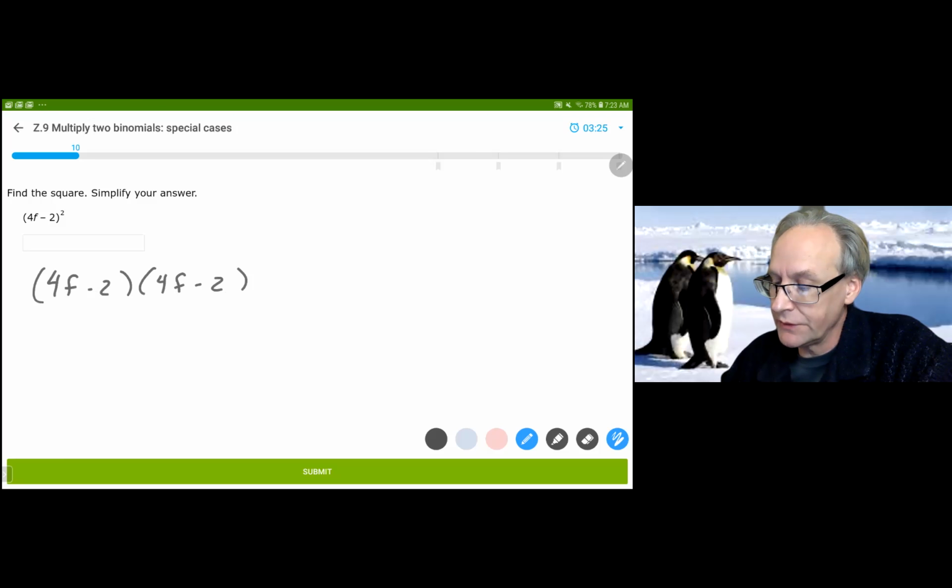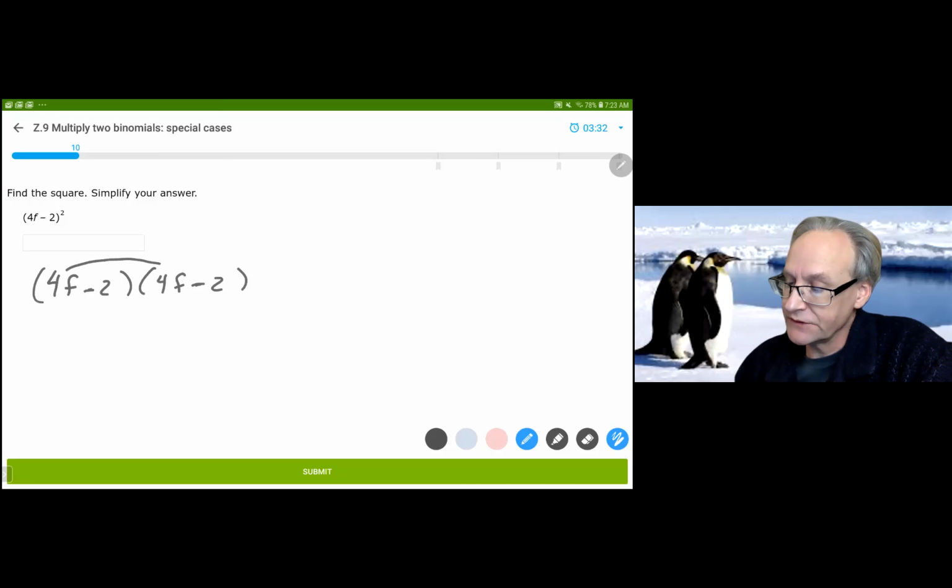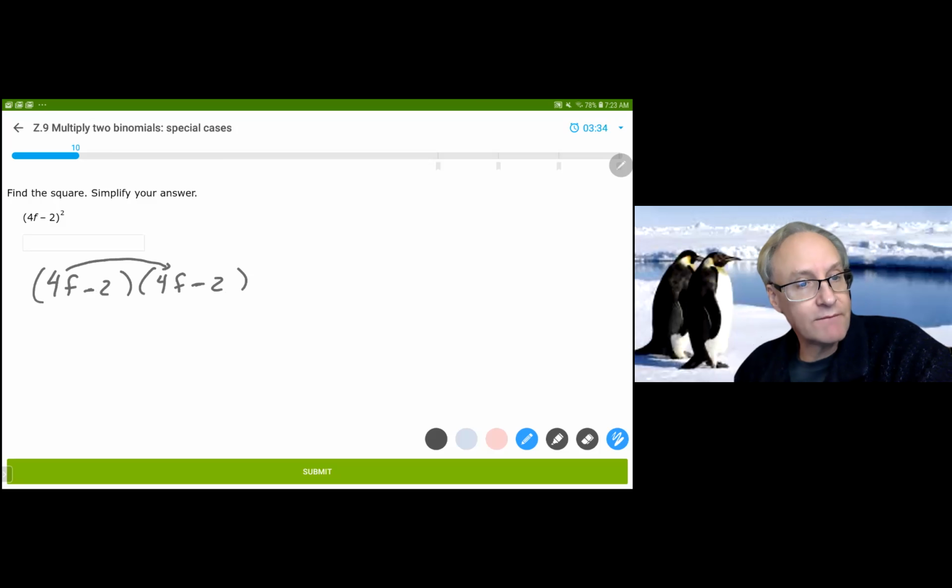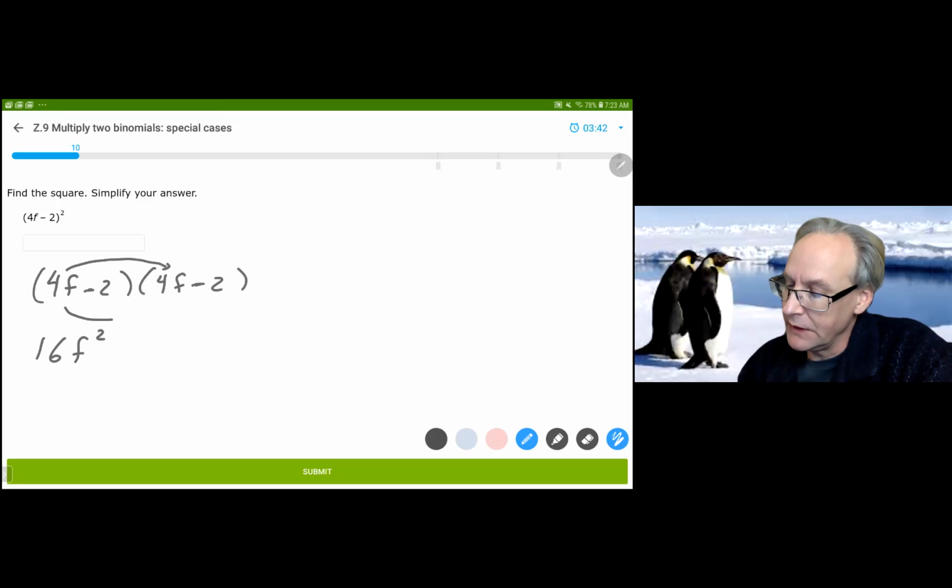And I want you to notice that there's going to be two things that are going to happen here that are really important. The first thing is that, sure enough, just like we kind of expected, we're going to have 4f times 4f, which is 16f squared. And our outer pair is going to be minus 8f.